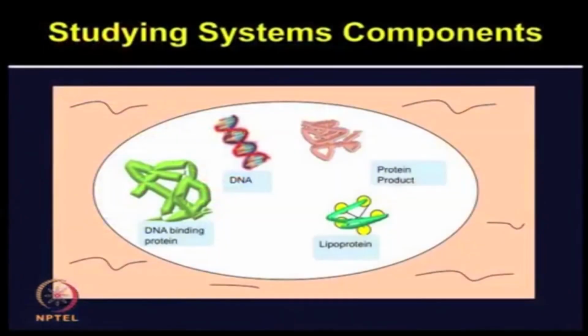Studying system components is very challenging. Systems biology and biological network modeling aim to understand the system's structure and function for a better understanding of system properties like its robustness, as well as for the prediction of system behavior in response to perturbations.